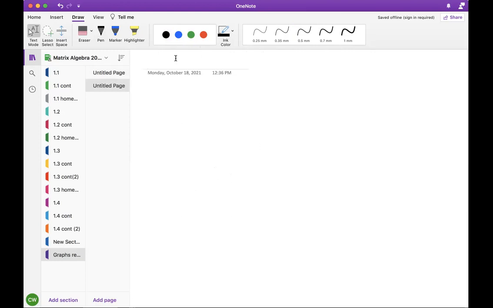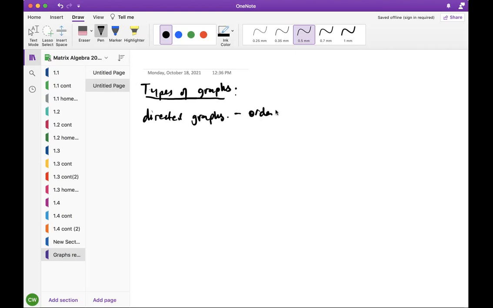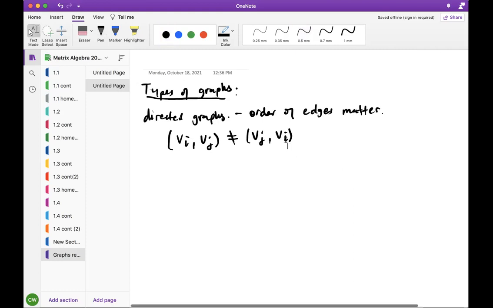When you get to specific types of graphs, based on how you define edges, there's something called a directed graph, where the order of edges matters. This means that if VI, VJ is in the edge set, you can also have VJ, VI, and these would be two different edges.